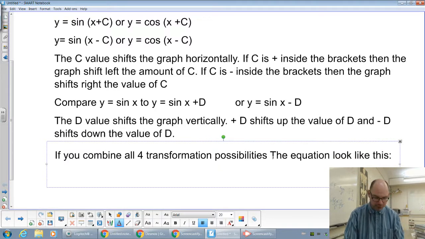Okay, we would have our general equation y equals a sine b bracket x minus c, and they usually use the minus rather than the plus because of that opposite shift thing, plus d.